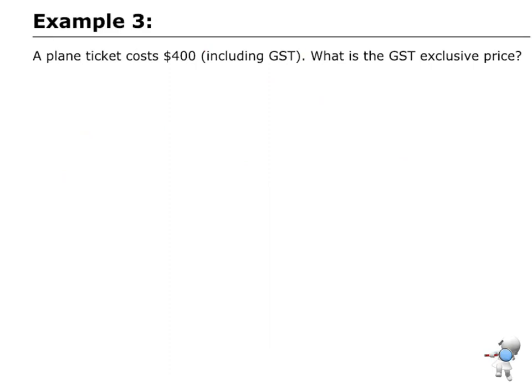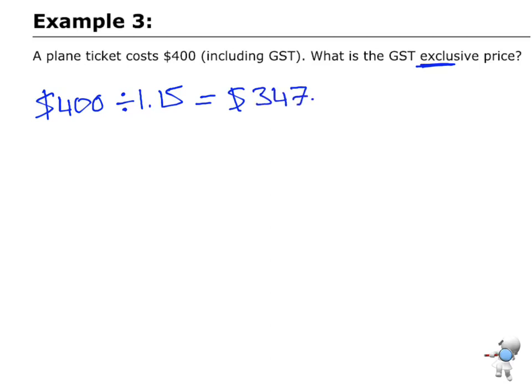If I'm told the plane ticket, which was already including the GST, is $400, and I want to find the GST exclusive price, so I want to find out how much the business gets. When I pay $400, how much of that money does the business get after they've paid their GST? So I'm going to take my $400 and divide by 1.15. And that gives me $347.83.